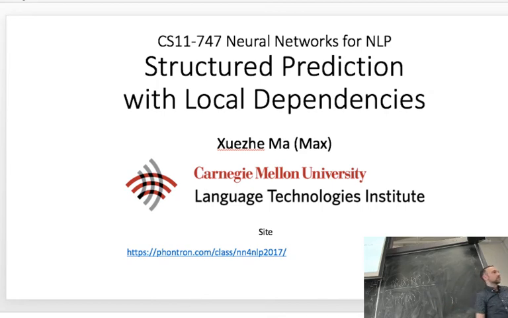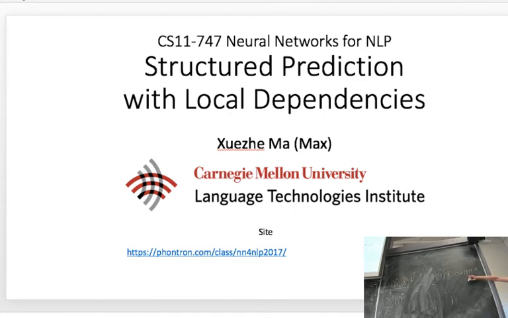Is it the same as cost augmented CRF? You mean this one? Actually not. For the cost augmented CRF, you add the loss here. So this is your score function of y given x, and you add some reward here, like the cost.